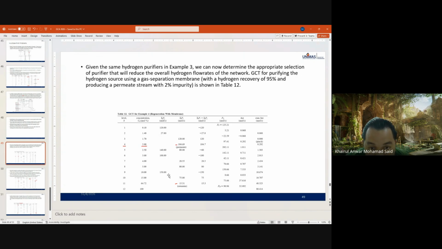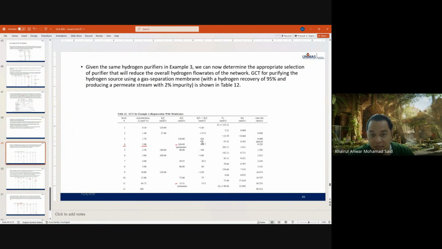in this case, 2% is here with 104. This is not covered in the paper, but by doing the simulation, we identify that the permeate is around 104 and the retentate is 15 with a concentration of 64.72%.